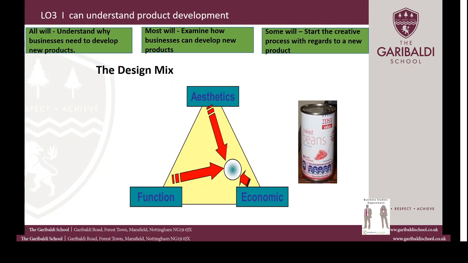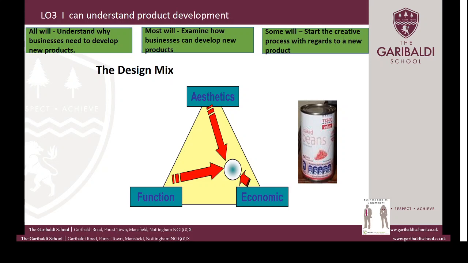So, for example, a tin of Tesco value beans as a product, the main thing that the company is focused on is the economic manufacture, and this is because these beans are sold incredibly cheaply, so they need to make sure that that is factored in and they can supply them at the cost that is required.